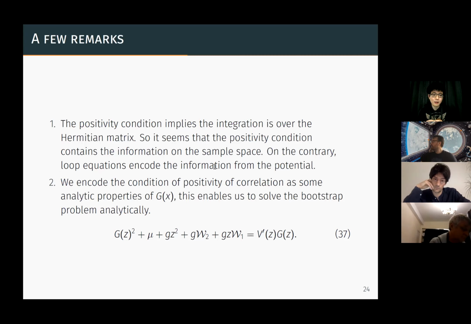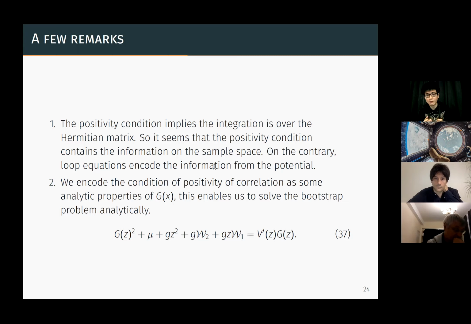And also the positivity condition, what does it mean? We now get the hint that it contains information on the sample space, because in the loop equation we know the potential, but we don't know whether we are integrating over Hermitian matrices or unitary matrices. But the Hamburger moment problem tells us that we are integrating over Hermitian matrices. For a different sample space, like unitary matrices, we have a different kind of moment problem, called the trigonometric moment problem.